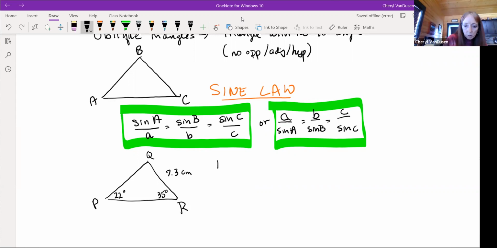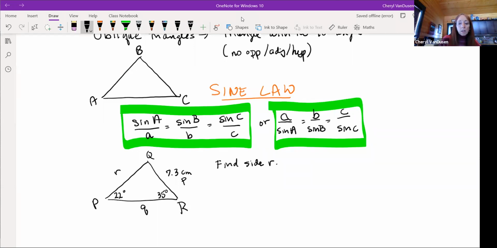And our question here is find side R, lowercase r. The labeling of triangles stays consistent. Even though we're not dealing with a right angle triangle, this is lowercase p, this is lowercase r, and this is lowercase q. We don't care about lowercase q, it doesn't come up.